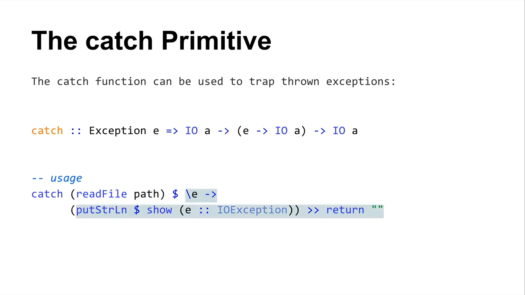It'll run your exception handler, and it'll give you back a value of type IO, whatever you parameterize it with. So in this case, when my exception is encountered, because I gave it some bad path, I'm going to write to standard out the string representation of that IO exception that was raised as a result of running the value that I got out of fully evaluating that expression right there.